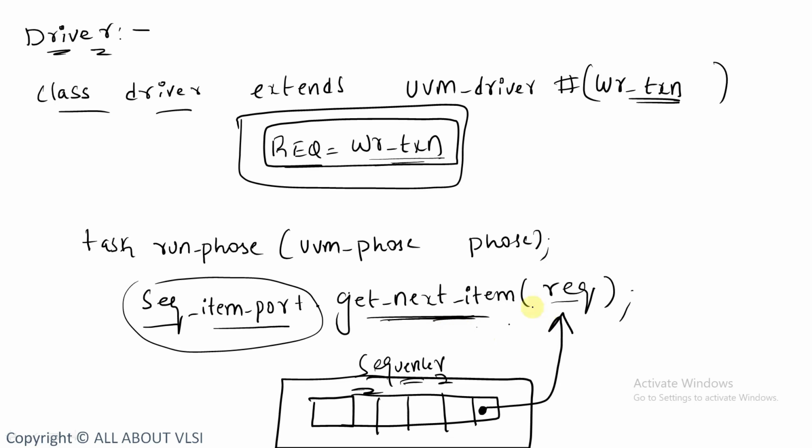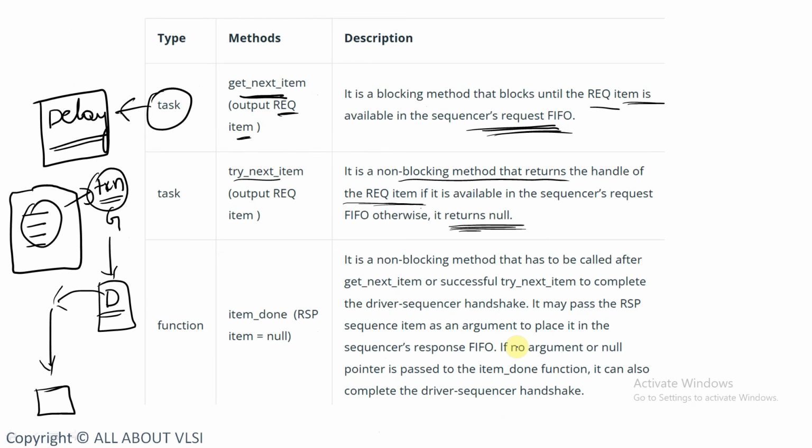For example, when we are using get_next_item, if the item is present, it is copied and returned. But try_next_item is a non-blocking method. If the item is available, it will return it, and if the item is not available, it is not going to return anything. So this one is basically blocking, and this one is non-blocking.